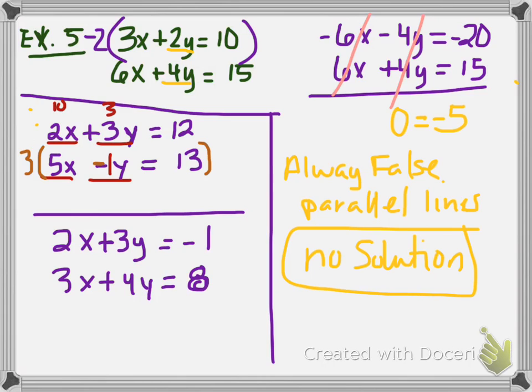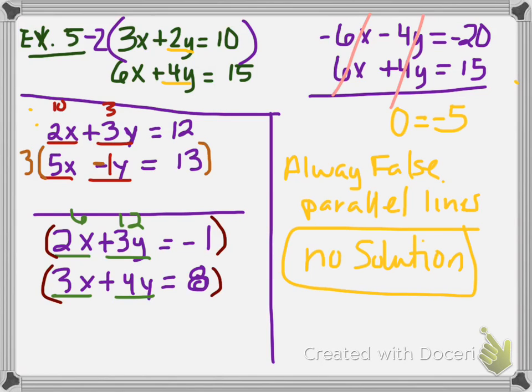So 2x and 3x. Common multiple between them, a 6. 3 and a 4. Common multiple between the 3 and a 4 is 12. Who do you want to work with, a 6 or a 12? I'm hoping you're thinking a 6 because it's smaller, and remember that's always the advice. Always go for the smallest one.